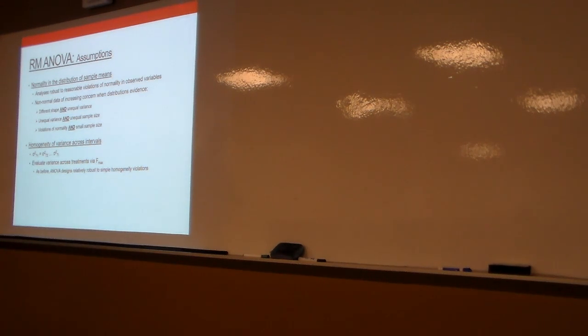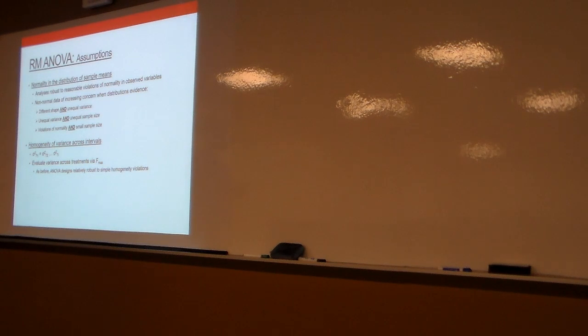Okay. John, what does it mean if I'm assuming normality in the distribution of sample means? What falls on a normal bell curve? Okay. Not quite. Not the population. Do I care about that?